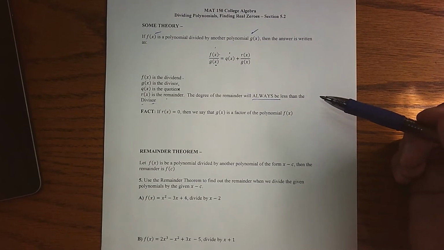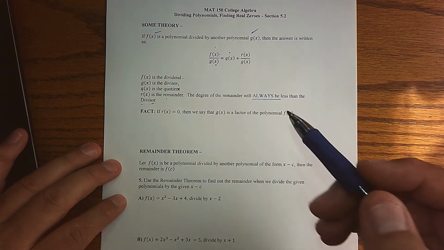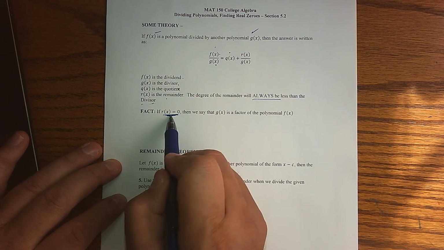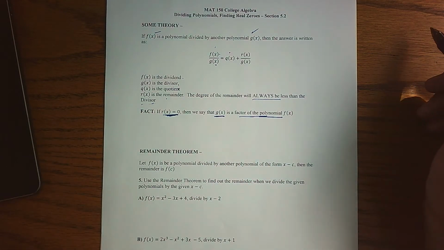All right. And then here is basically a fact. The fact is that if the remainder is equal to 0, then we can say that g of x is a factor of the polynomial f of x. And here's how we can say that.